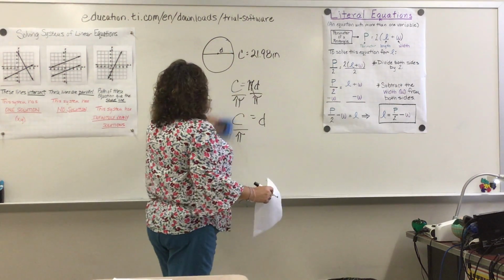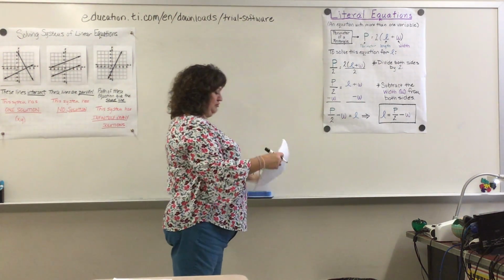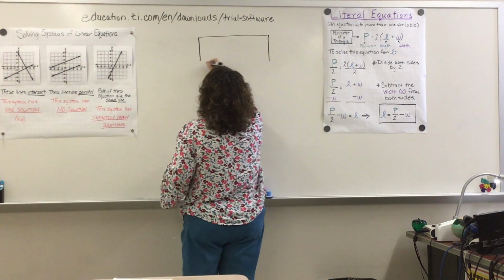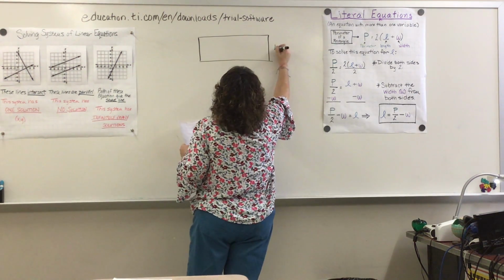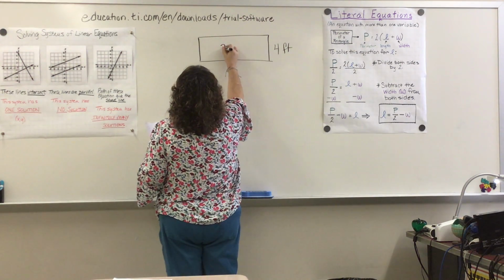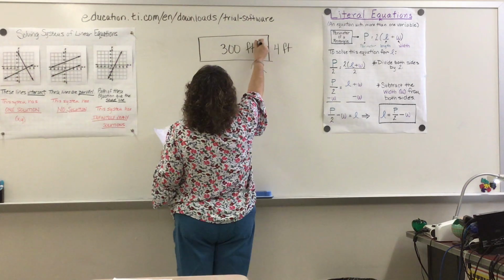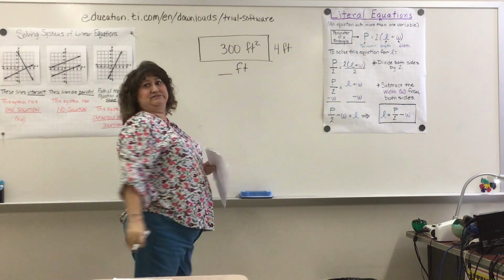Now in your Apex, they have another practical problem, and it has to do with painting a fence. Here's my fence, and it says that this side is 4 feet, and that I know that the area is 300 feet squared. The only thing I don't know is what this side is.